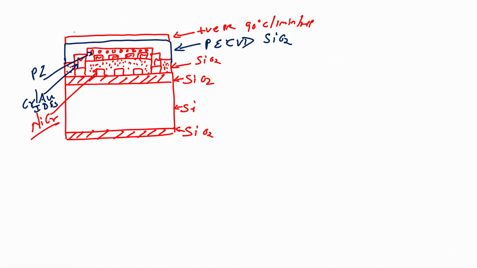On that we will load the mask. Now, what do I want to do? I want to open only this region and protect my silicon dioxide in the remaining region. If I want to open this region and protect the remaining region, then I have to go for a dark field mask.